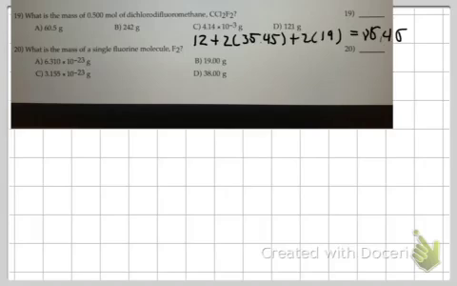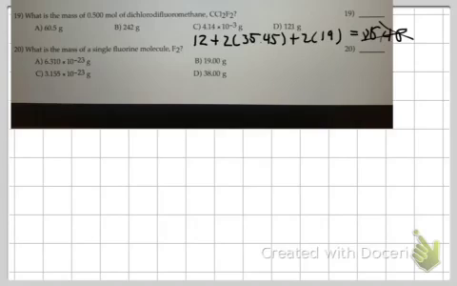So the mass of half a mole of that, CCl2F2, dichlorodifluoromethane. So what is the mass of that? Am I doing something wrong? Oh wait, I must have done something. Oh, I didn't multiply by 2. That's what I did wrong. This number's wrong.